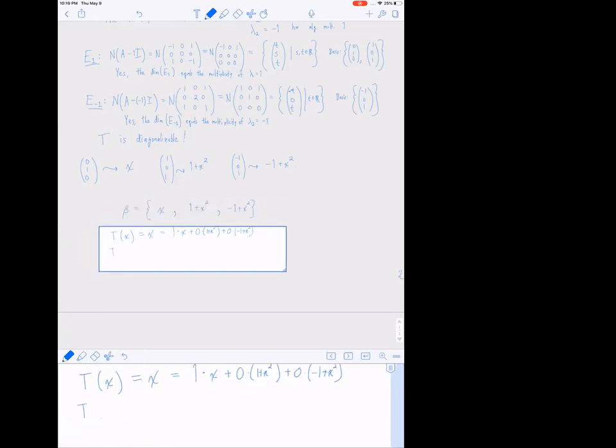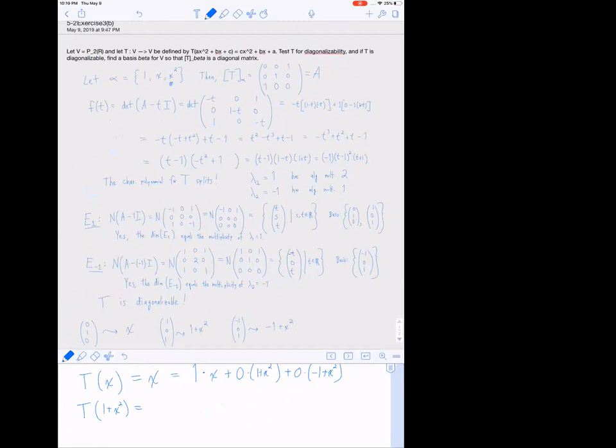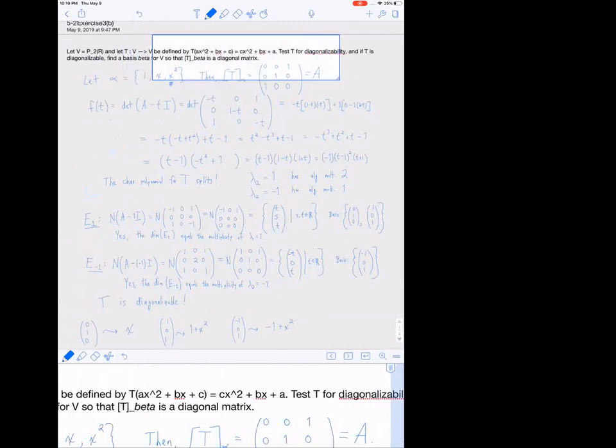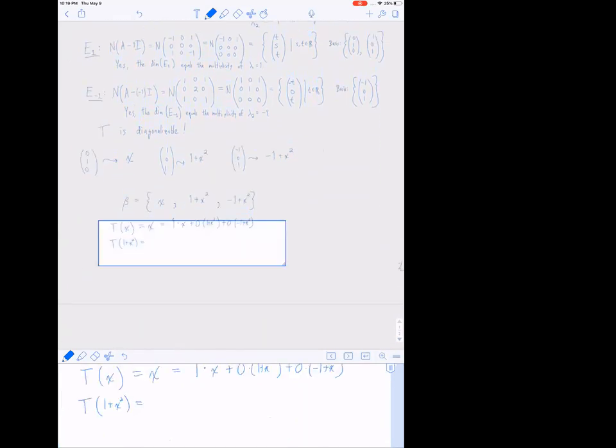Great. Now let's apply T to the second vector, 1 plus x squared. 1 plus x squared should have c as 1 and a as 1. So T would return the vector again, 1 plus x squared, which with respect to the standard basis would be like 1, 0, 1.